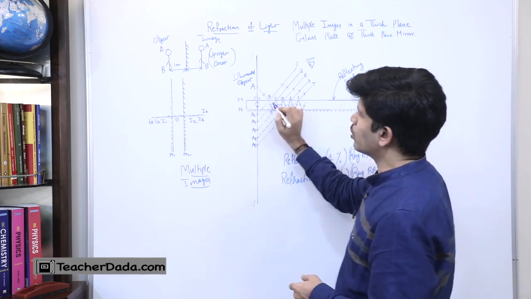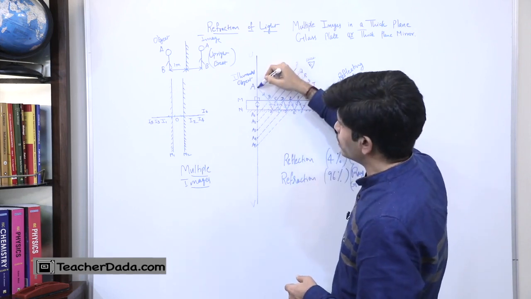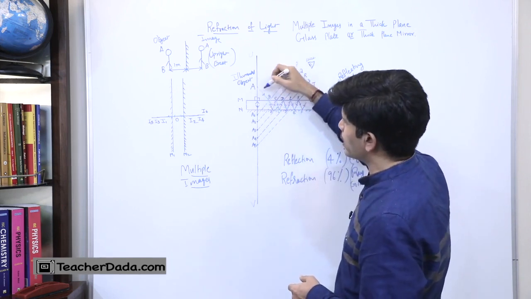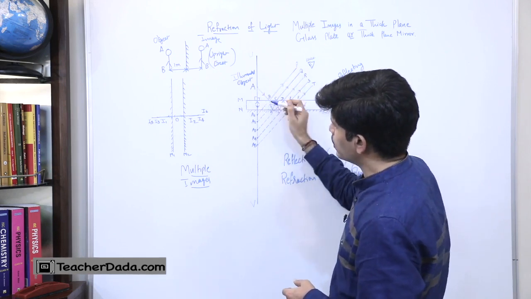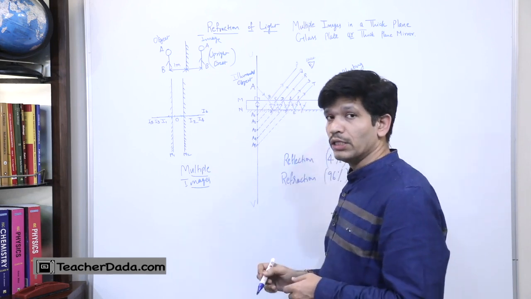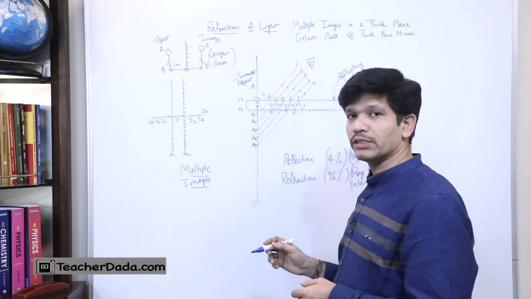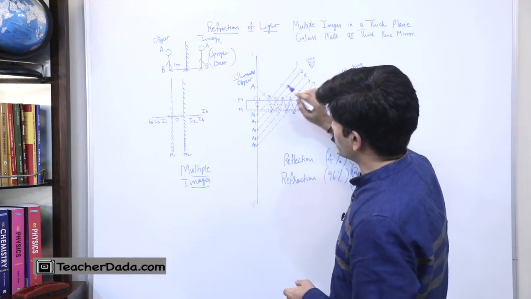So the larger amount is refracted. You can see if we didn't have the thick glass plate, the ray would continue to pass like this, but now it is bending towards the normal because refraction has taken place. As we know, refraction of light means a bend in the path of the ray of light, and BP is the reflected ray.